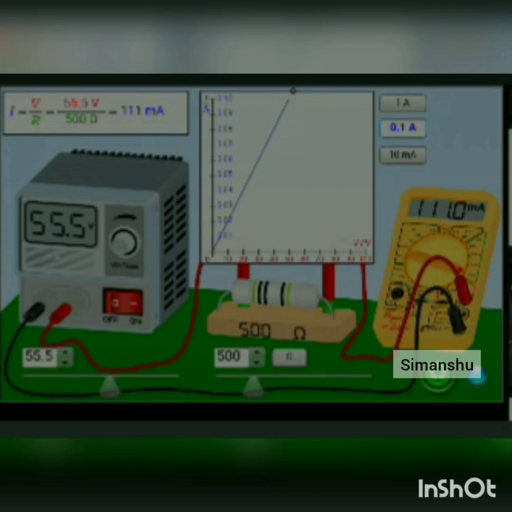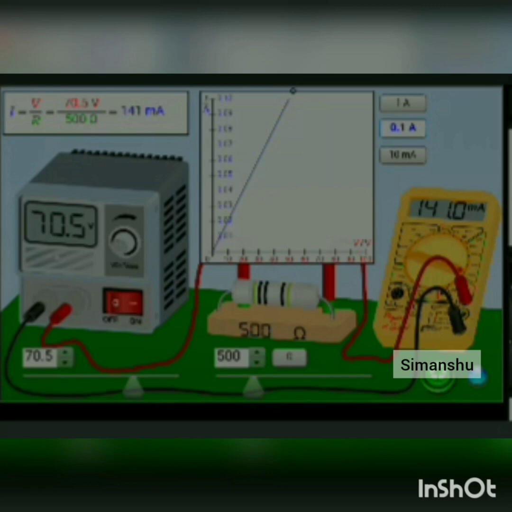Further I can increase it. So now voltage is 70.5. Again you can read the value from the ammeter directly, it is 141 now, earlier it was 111, and you can see the calculation in the top box also. So this is your Ohm's law, and I think you observed the graph also.